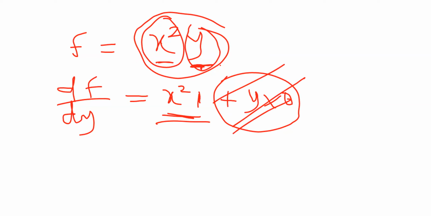So it is x squared times 1 plus 2y, so that means plus 2y. It will just be 2y. The other one is already 0. So your answer will be x squared plus 2y. That x squared in the middle will still be x squared because we are differentiating y.